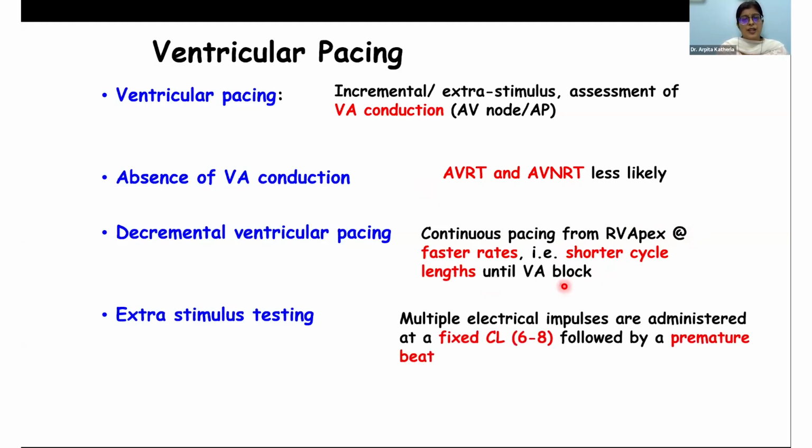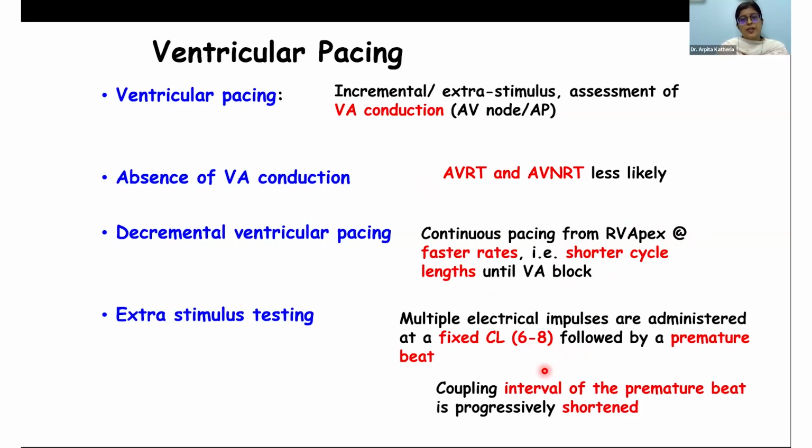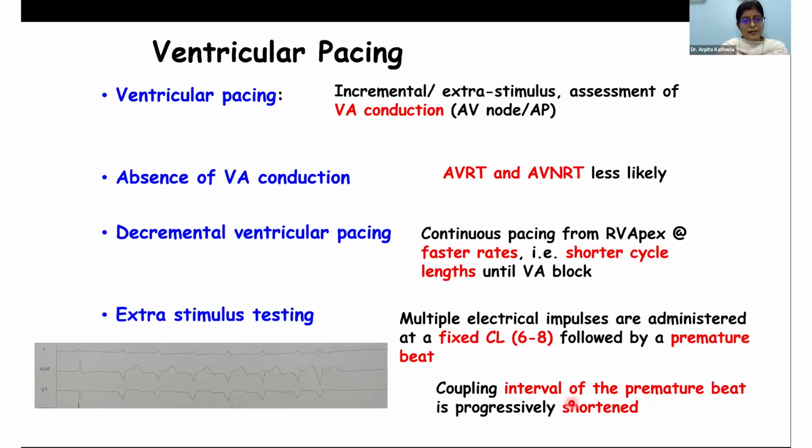And extra stimulus testing, here multiple electrical impulses are administered at a fixed cycle length, usually 6 to 8 in number. This is followed by a premature beat. This fixed cycle length is known as the drive train, 6 to 8 beats, and this premature beat is known as the extra stimulus. So the distance between these two is the coupling interval, which is progressively shortened in each next cycle.